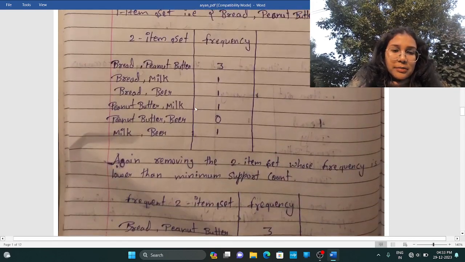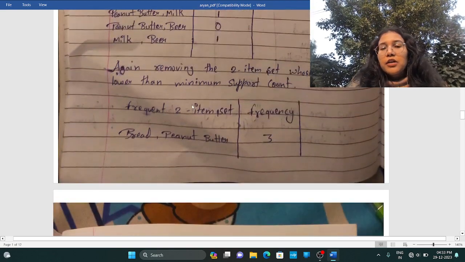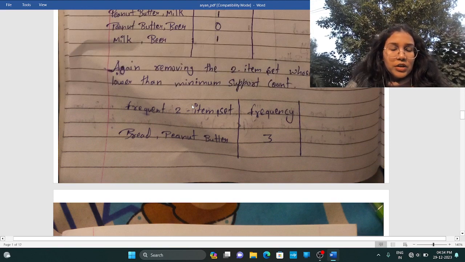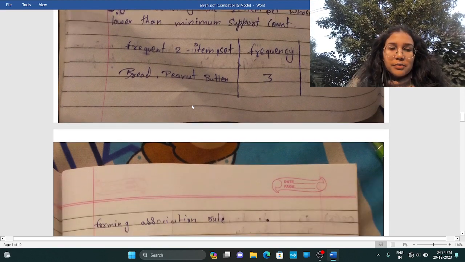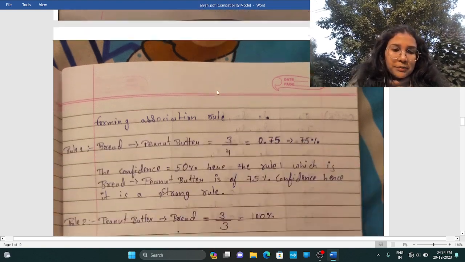In the two item set table, bread, peanut butter occurred 3 times, bread, milk is 1, bread, beer is 1, peanut butter, milk is 1, peanut butter, beer equals 0, and milk, beer is 1. Again, removing the two item sets whose frequency is lower than the minimum support count, the frequent 2 item set is bread, peanut butter equals 3.